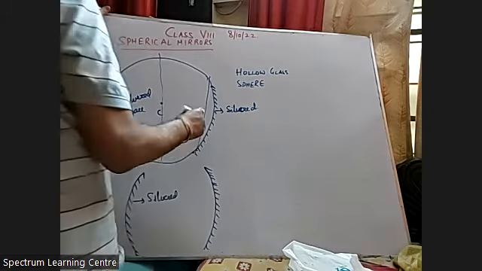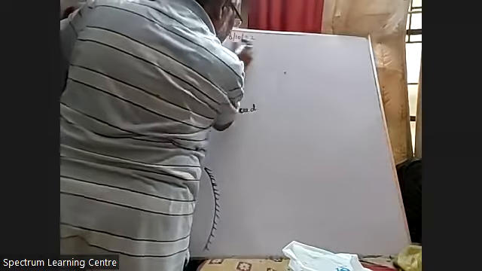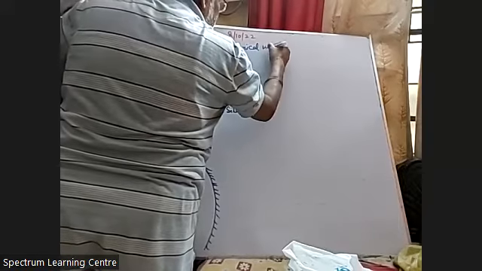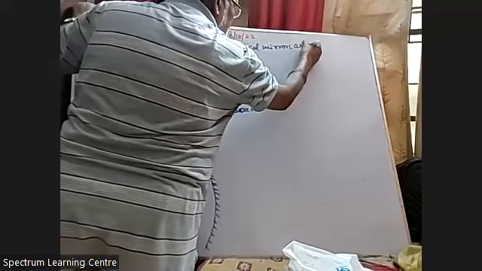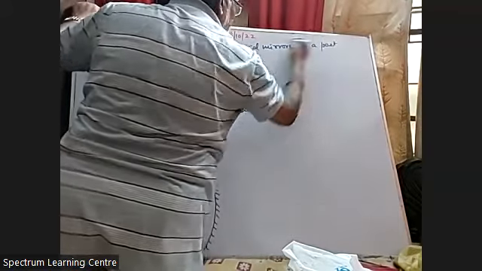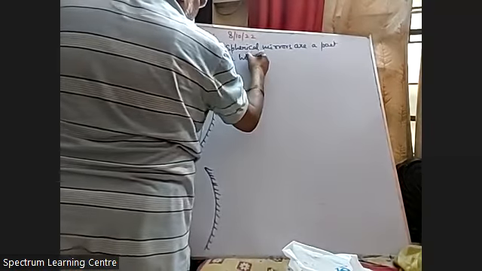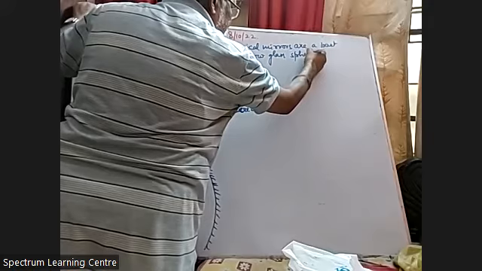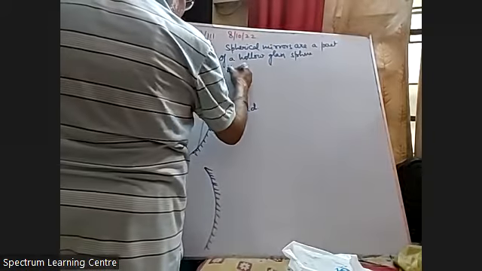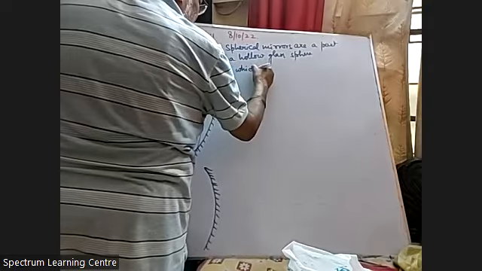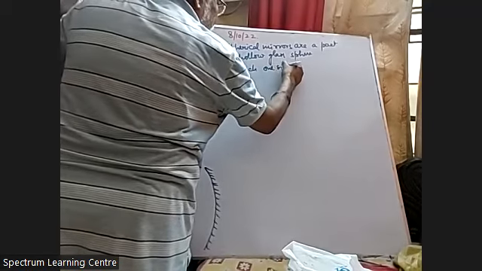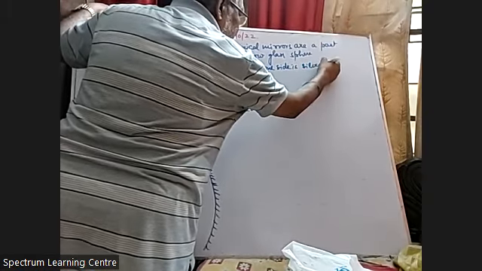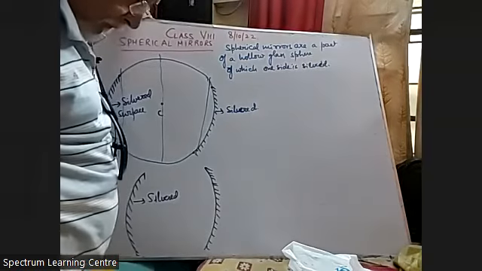Spherical mirrors are a part of a hollow glass sphere of which one side is silvered, right?